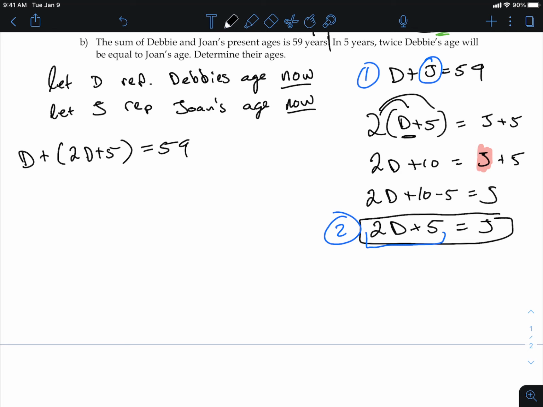I always insert brackets just for my own personal safety blanket. If there's a negative sitting there, something funny going on, I can deal with the negative. If I insert the brackets and I see a plus sign, I don't have too much to worry about.